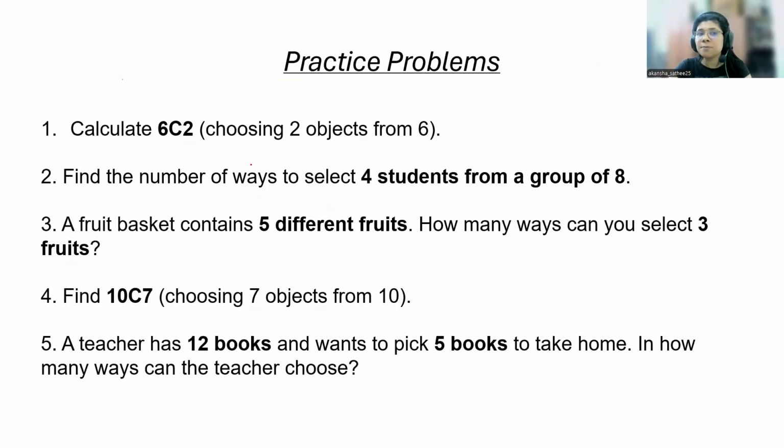So here are some practice problems for you. First thing is, as we have already solved many problems, you have to calculate 6C2. 6C2 is nothing but factorial 6 upon factorial of 6 minus 2, factorial 2.